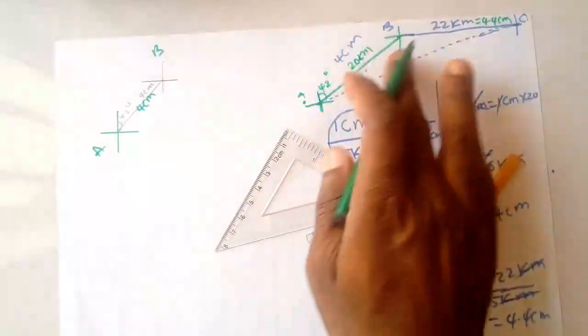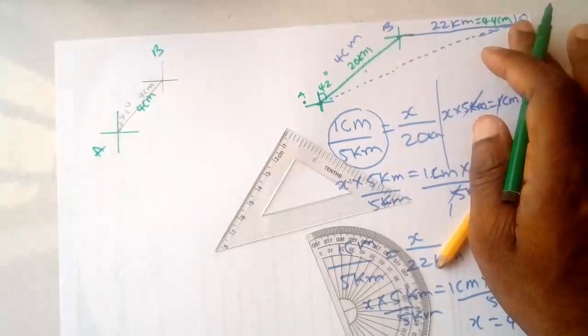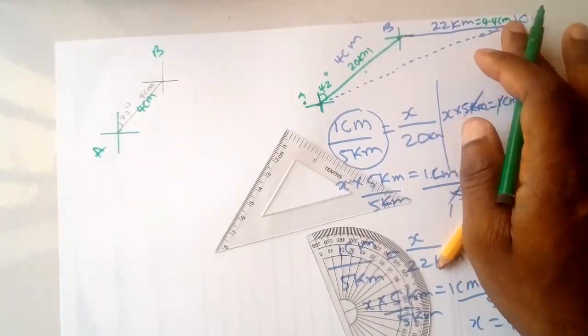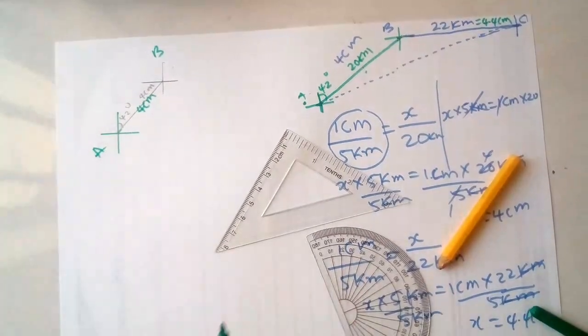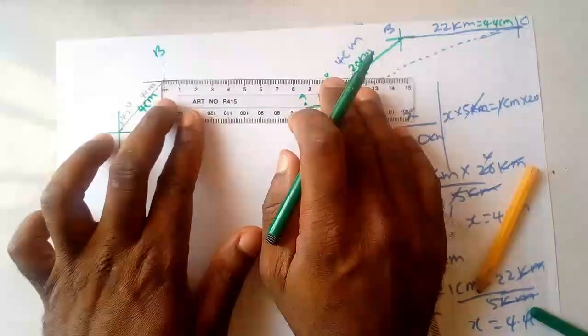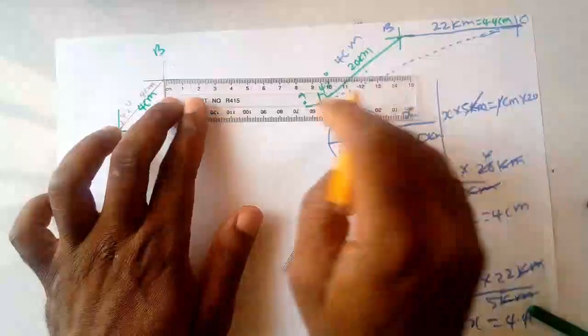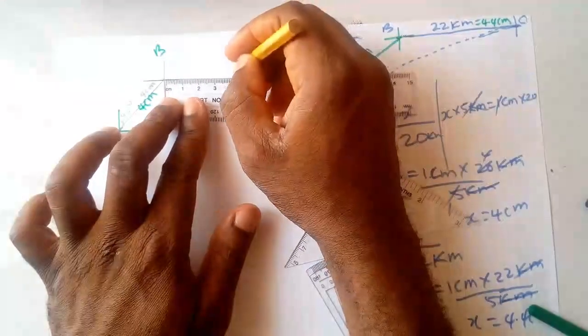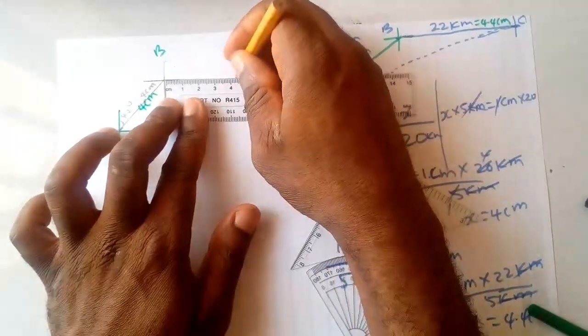Then the ship now moves 22 kilometers. Remember that 22 kilometers, we are now using 4.4 centimeters to represent it. From here to this place is 4.4 centimeters.